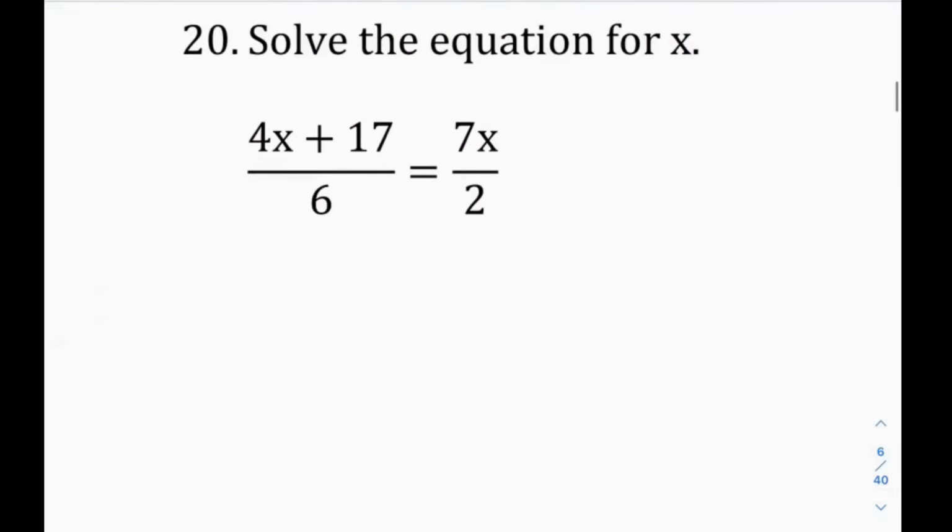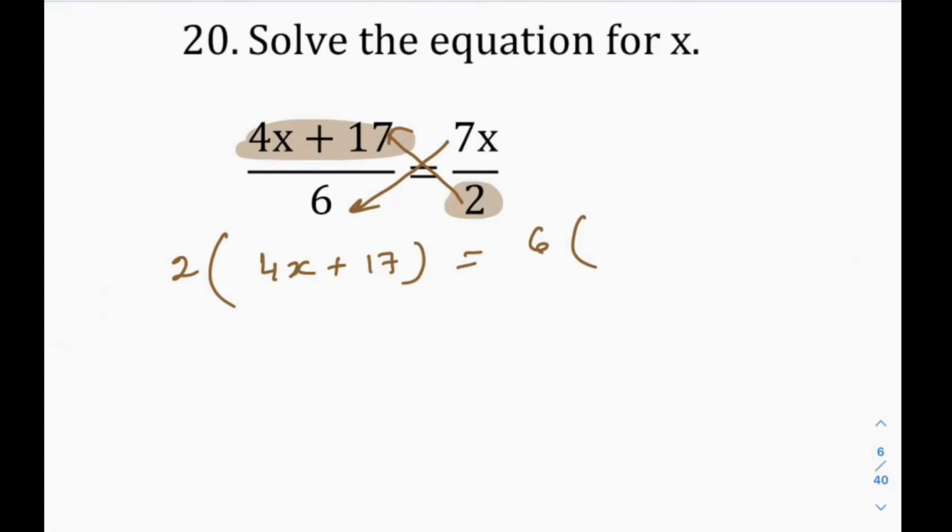Again, we have another proportion. This times this equals this times that. Remember, we have to take the whole expression. So 2 times the whole expression, and 6 times 7x. Distribute. And no distribution is happening here because it's just multiplication by multiplication.